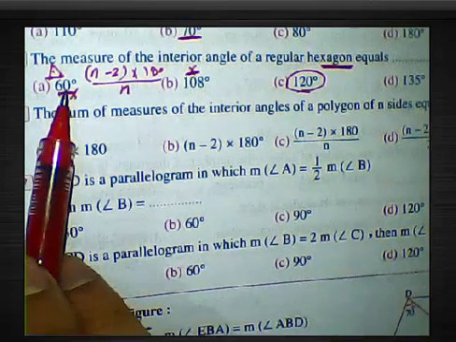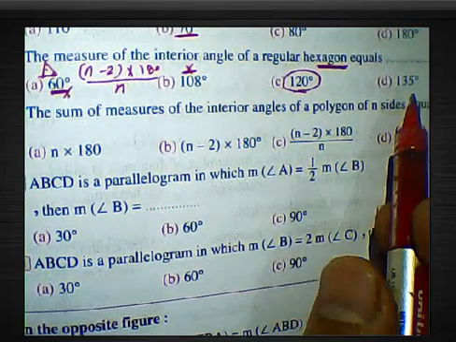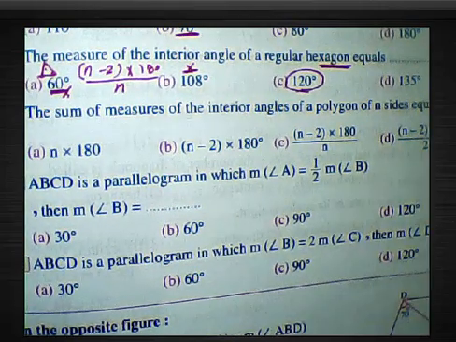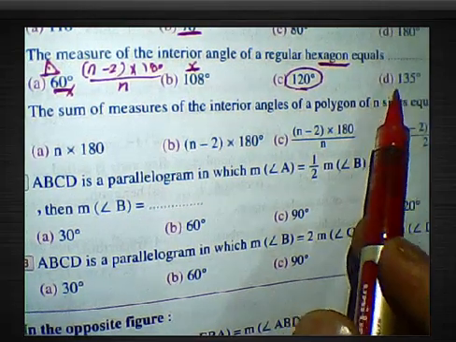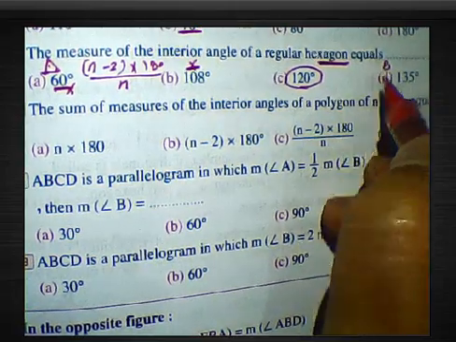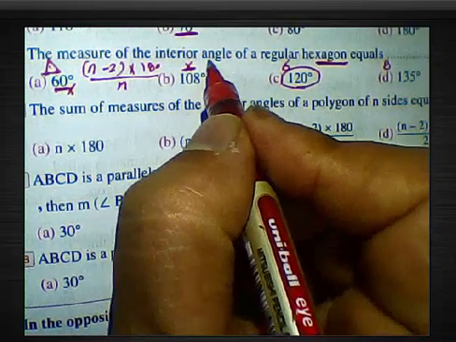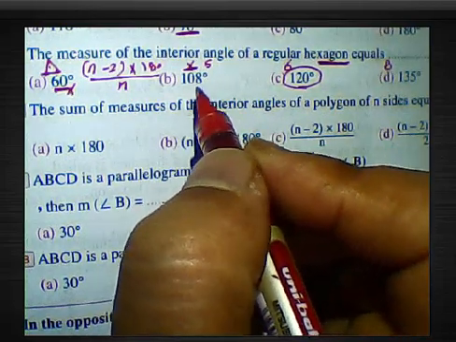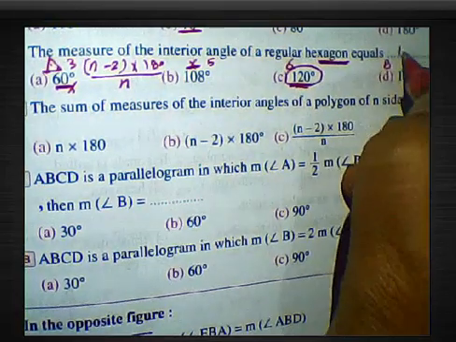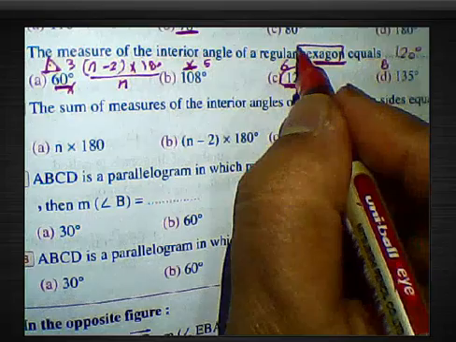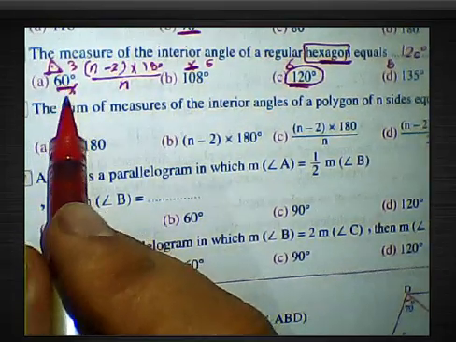So 60 if we have a triangle, 108 if we have a pentagon, 135 if we have 8 sides, 120 if we have 6 sides, 108 if we have 5 sides in a polygon. Okay, 60 if we have 3 sides. So we must write 120 degree for a hexagon. But 60 degree is wrong. It is for an equilateral triangle.